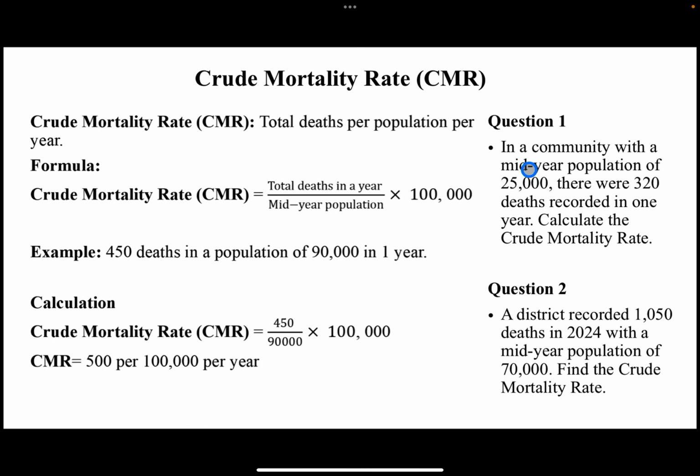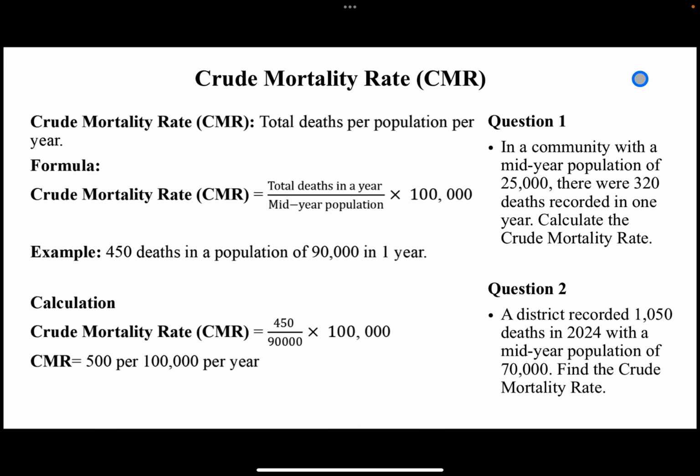Let's look at this example. In a community with a mid-year population of 25,000, there were 320 deaths recorded in 1 year.